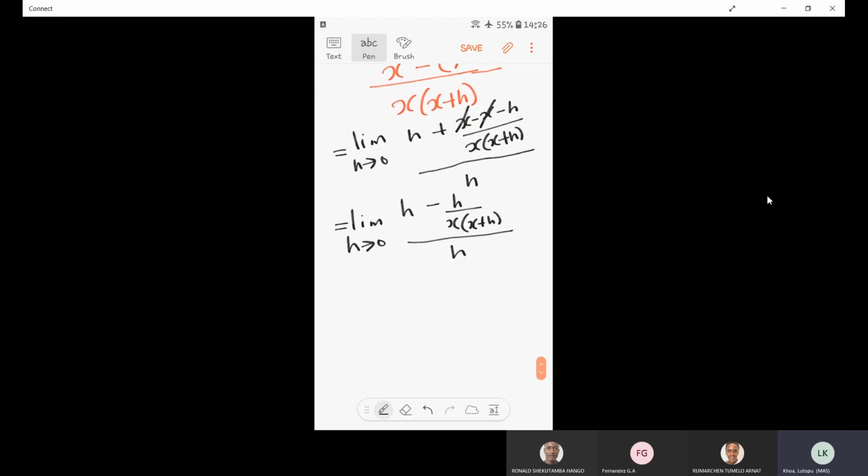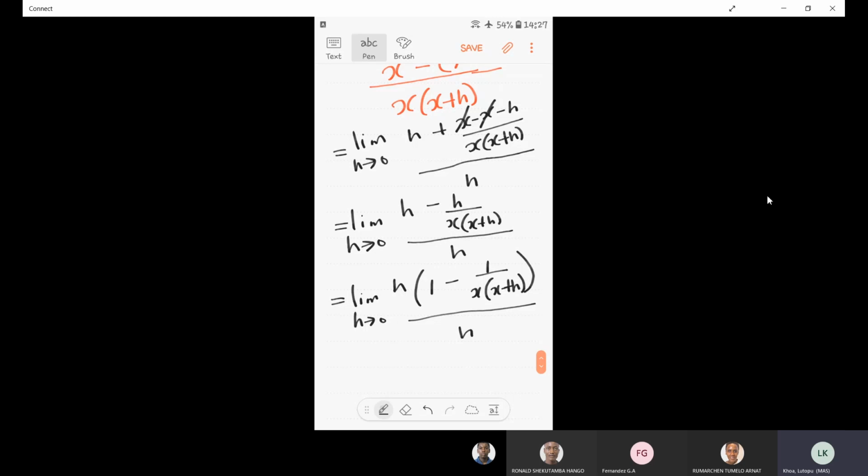Then in the numerator, you can see what I have, all the terms. I can factor h out, so I know I'm on the right track. This is the limit as h goes to 0. Then in the numerator, if I factor h out, I'll be left with 1 minus 1 over x plus h. Okay, this is all over h.